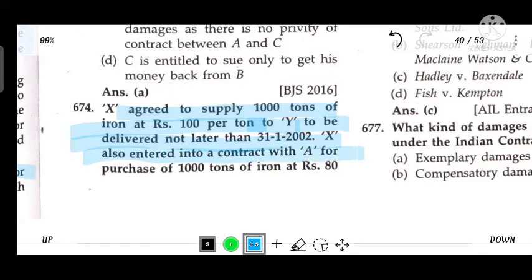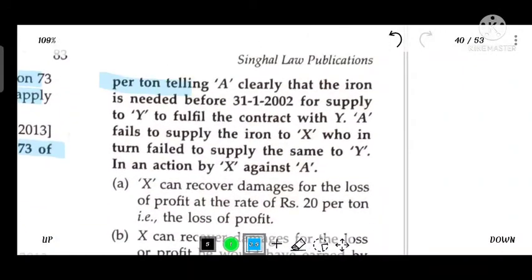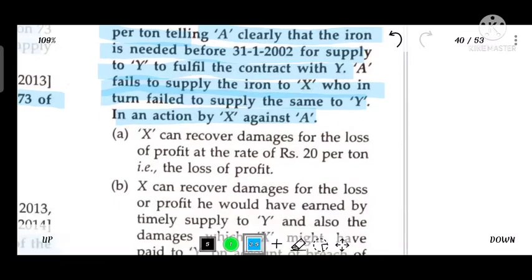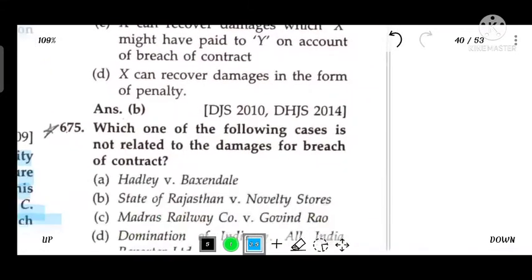X also entered into a contract with A for the purchase of 1000 tons of iron at rupees 80 per ton, telling A clearly that the iron is needed before the 31st, 2002 for supply to Y to fulfill the contract with Y. A failed to supply the iron to X, who in turn failed to supply the same to Y. In the action by X against A, X can recover damages for the loss of the profit he would have earned at the time of supply to Y, and also the damages X paid to Y on account of the breach of contract.